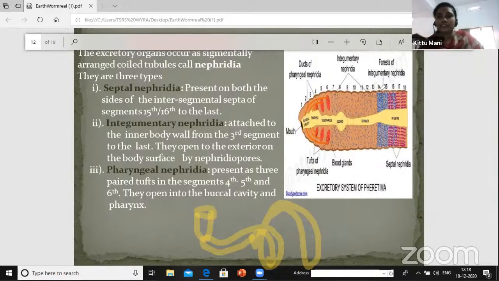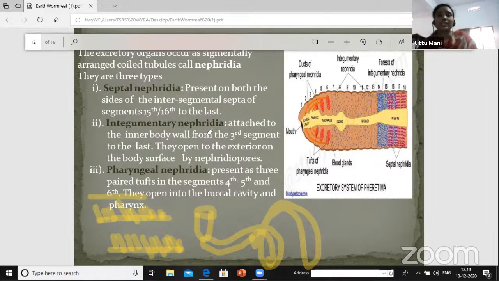For example, here is one segment of the earthworm, and this is another segment. Like this we observe the septal nephridia, from the 15th to 16th segment up to the last segment.